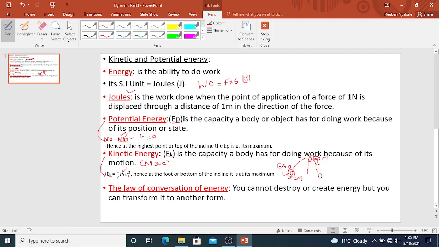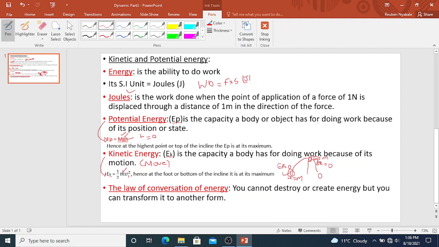Then EK there on top is 0. EK equals 0. Why is EK equal to 0? Remember we said that the stone, as it leaves your hand, is at its maximum. Then V there on top would be 0.